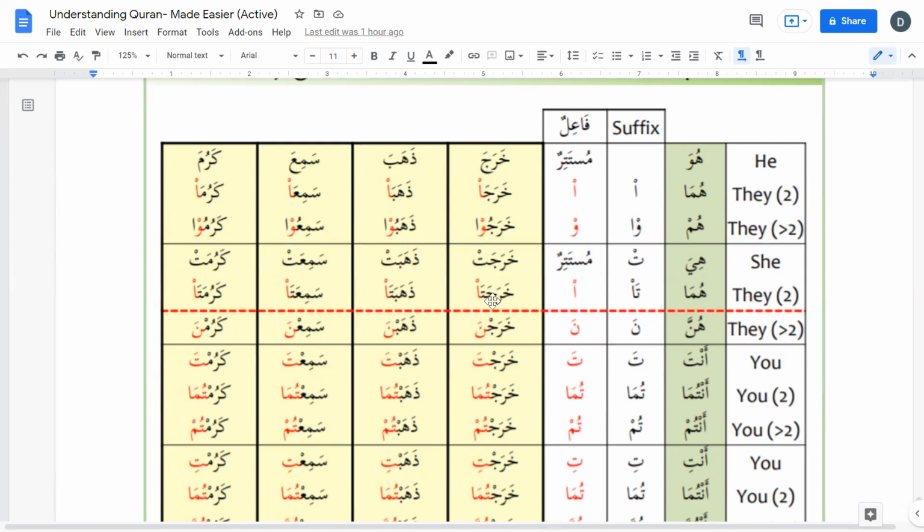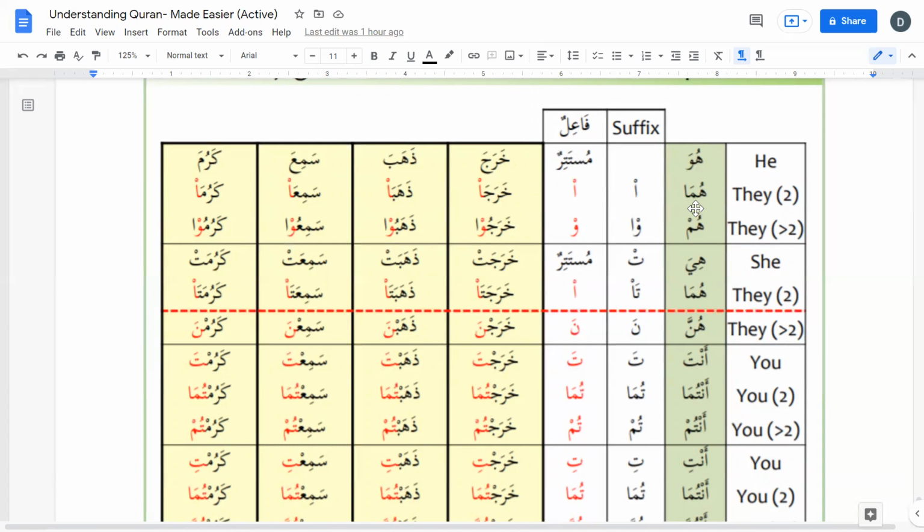Now the fe'l madi conjugation for zahaba. Huwa zahaba, huma zahaba. Remember not to stretch in the huwa form, and you need to stretch in the huma form, right?